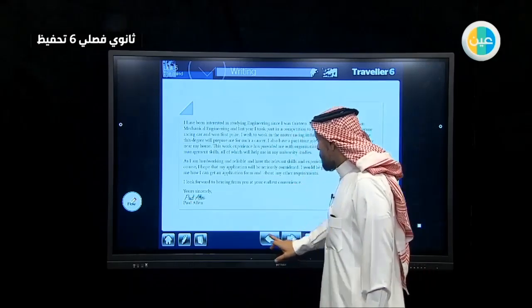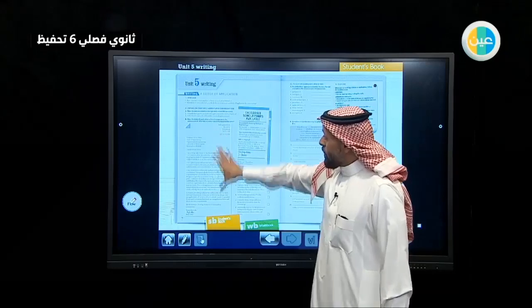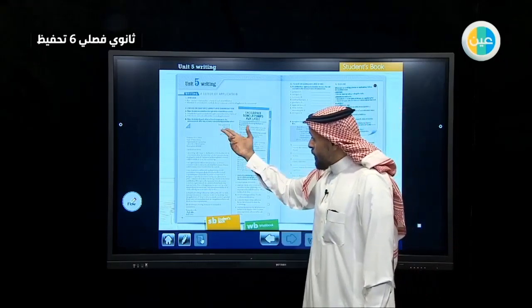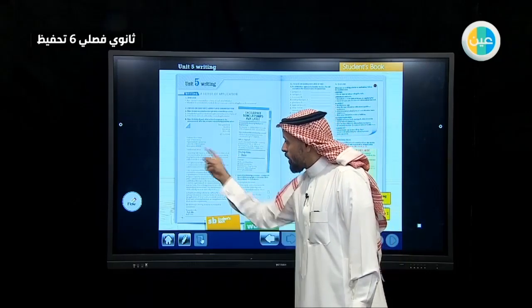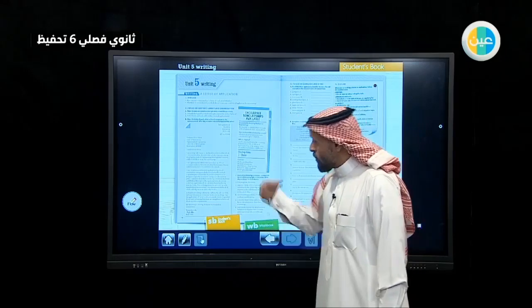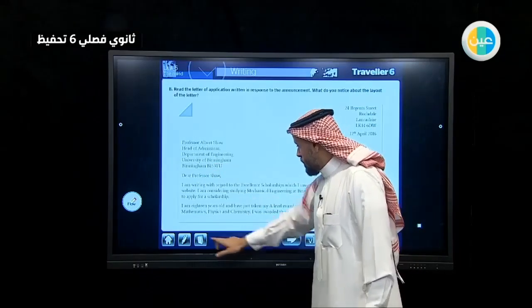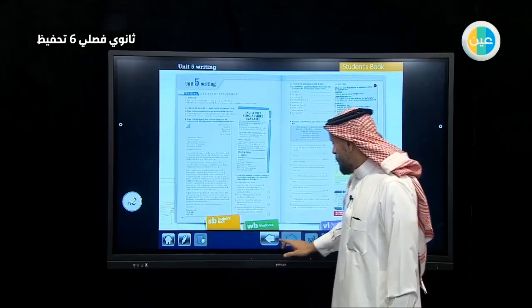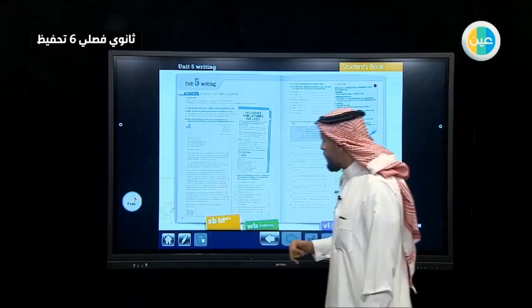Now look. If you go and see again, this is the body of the paragraph. Okay. Information about the address. You start with your starting paragraph or your greetings, and 1, 2, 3, 4 paragraphs. Then your concluding paragraphs and your signature.